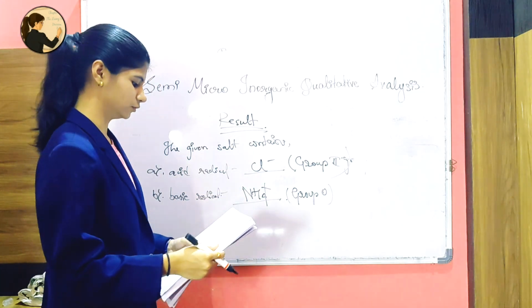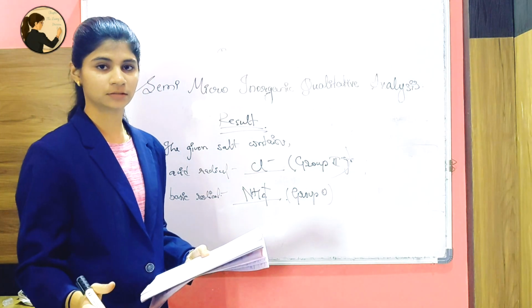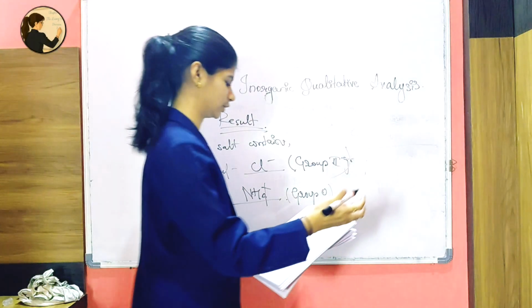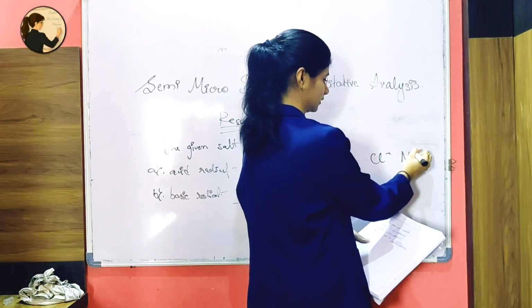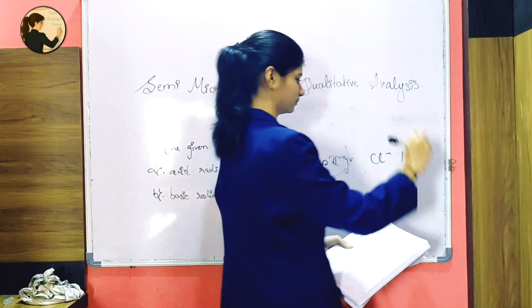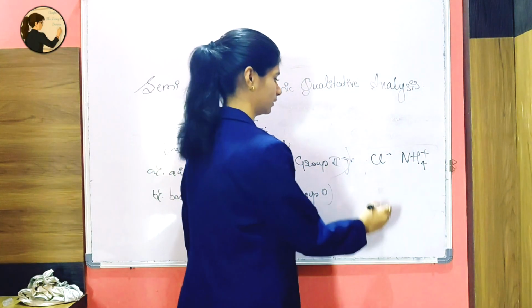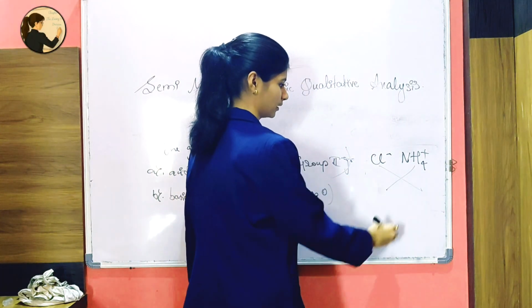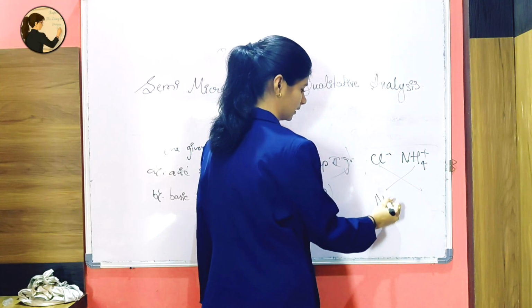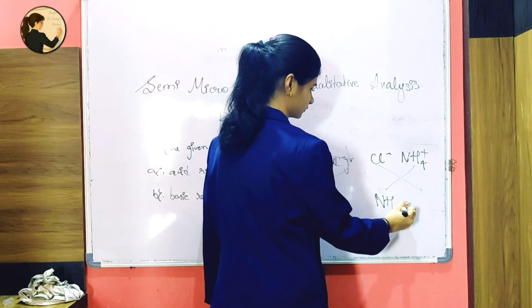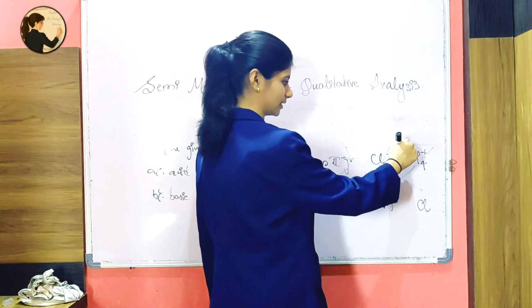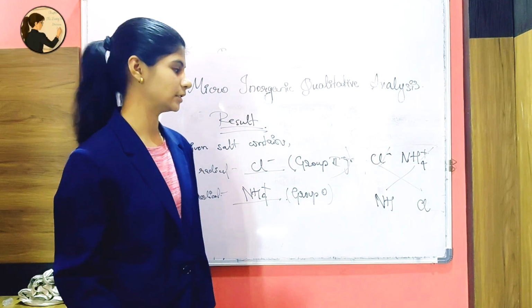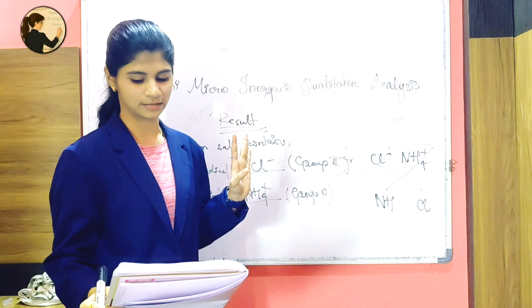So now what will you do? You can also say it is a calculation type thing, in which Cl minus is there and NH4 plus is there. Now they will exchange, and here will come NH4Cl. Both signs will get cancelled because they are plus and minus, as in mathematics.